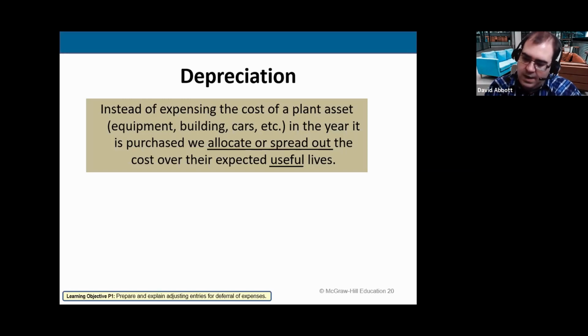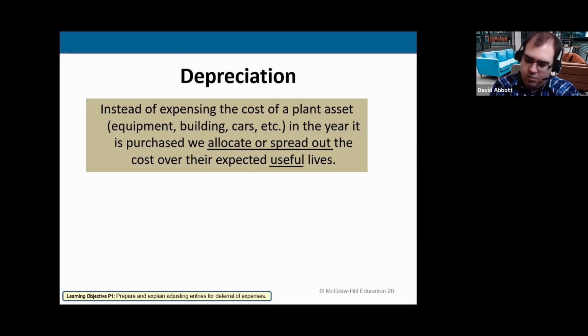A special category of prepaid expenses is plant assets, which are long-term tangible assets used to produce and sell products or services. Plant assets provide benefits for more than one period. We expect a computer, or maybe a CNC machine, or a tire machine in a car repair shop, is going to last for many, many years, so it'll be used for more than one period.